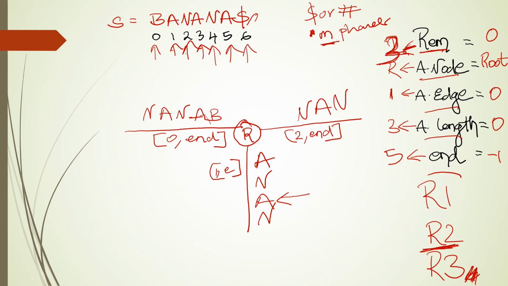So length is incremented to 6 now. Our remainder is 4. Root node is 1, active length is 3. So first thing we have to do here is, I forgot to add a in the previous step.